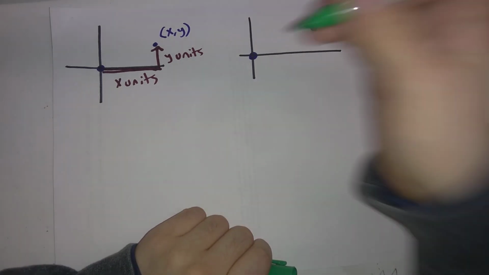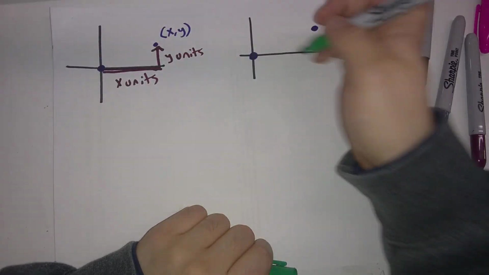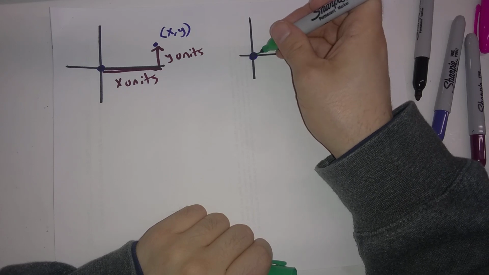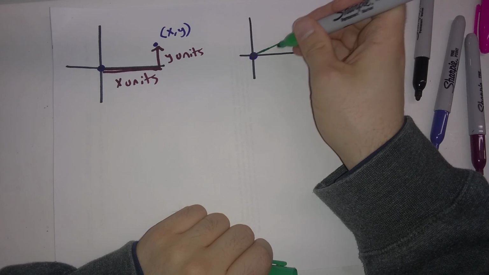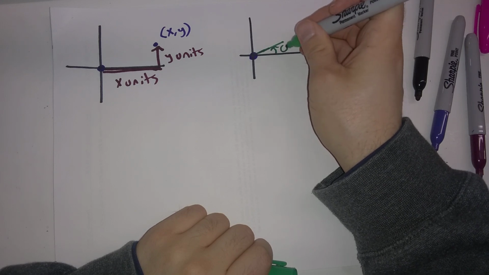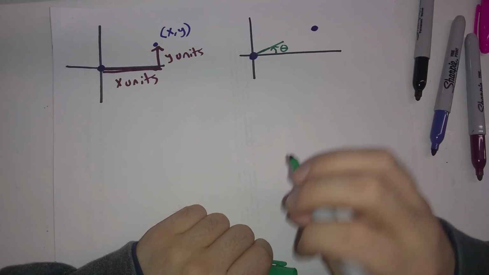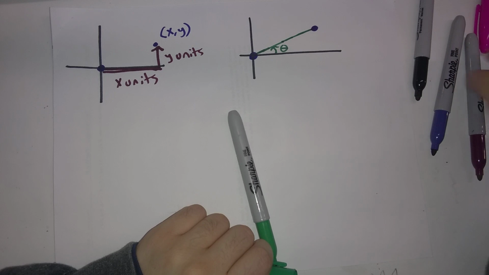Well, instead of saying go right or go north, you could say, travel in this direction. I could say here, I want you to go in this direction. That's given by some angle theta off of the positive x-axis. And I could tell you how far to go.